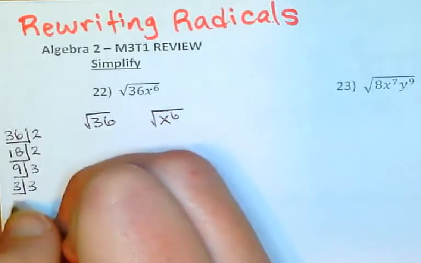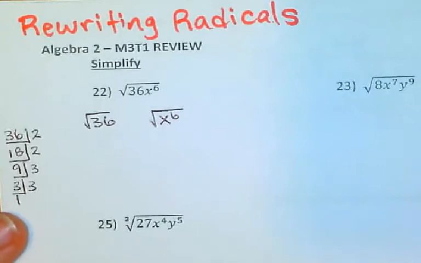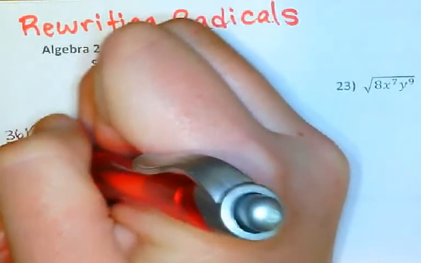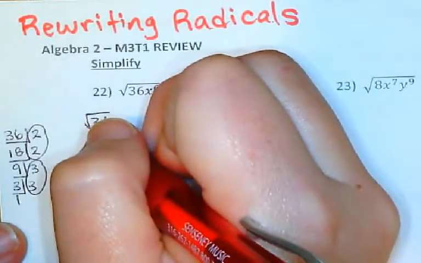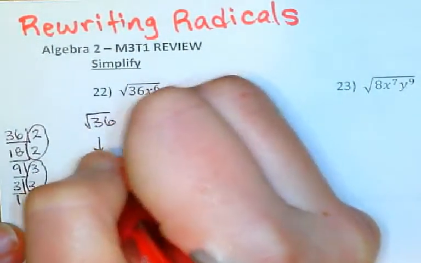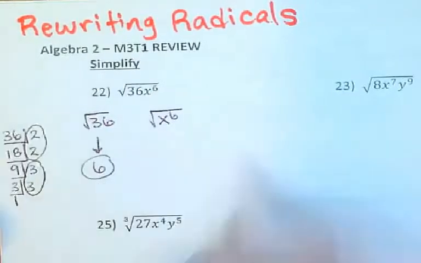And 3 goes into 3 once. Once you hit that candle to your cake, you're going to circle pairs on the outside. And I have nothing left over, so that means this square root of 36 ends up just being 6. Like no radical, just the number 6.